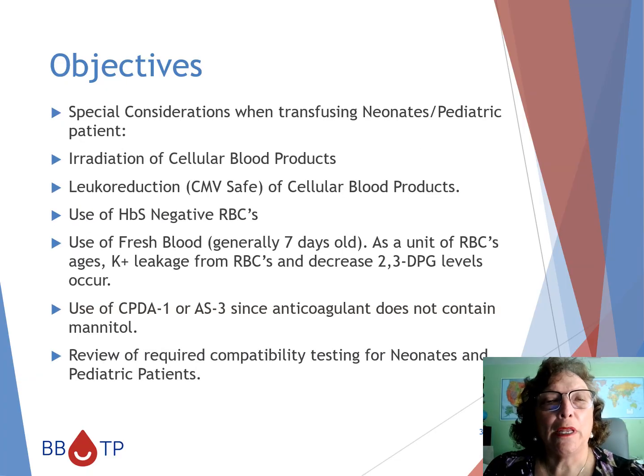In addition to looking at the various blood products, there are certain types of manipulations or modifications that need to be done to the blood products, such as irradiating, the use of leukoreduction, doing hemoglobin S testing, actually defining whether or not fresh blood should be used, and what type of anticoagulant. So this will be covered in these objectives, as well as the required compatibility testing that needs to be done for neonates and pediatrics.